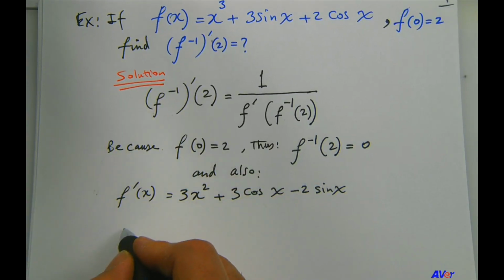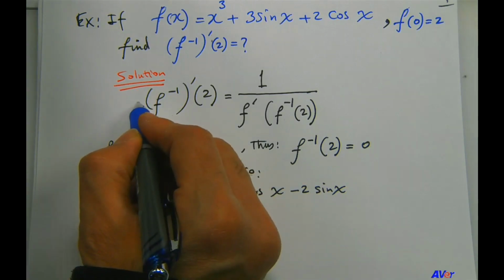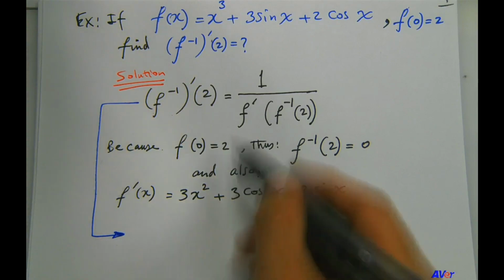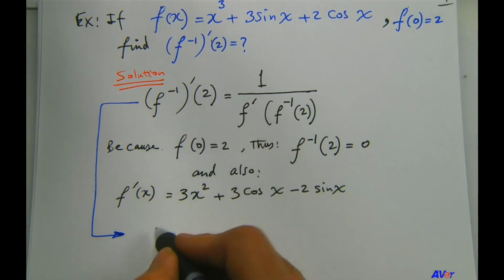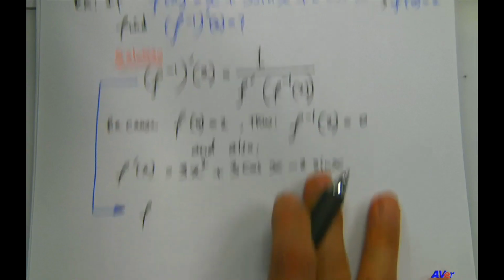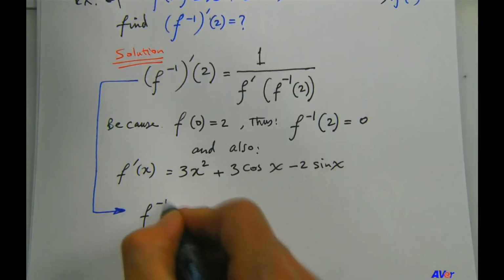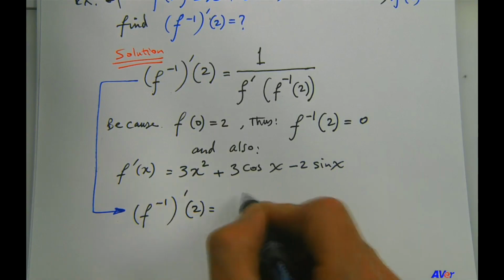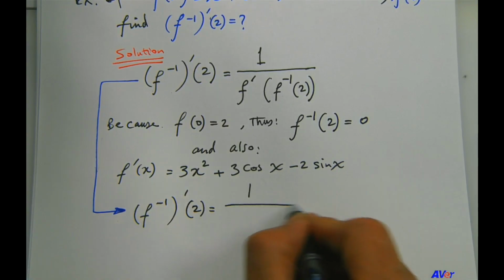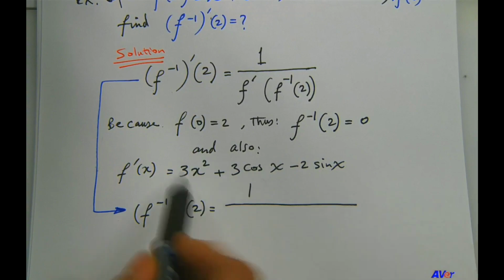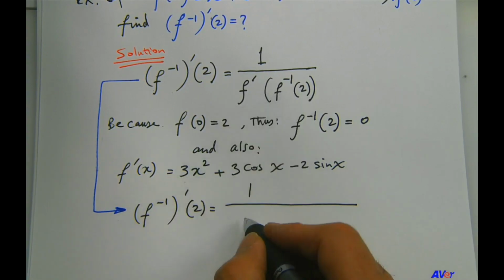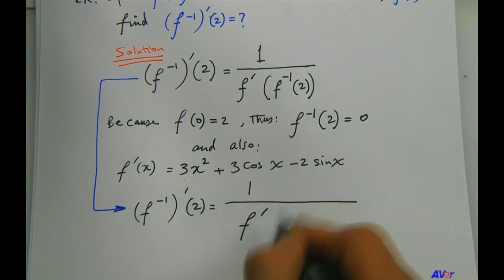Given all of this, the derivative of the inverse function at 2 would be equal to 1 over this derivative evaluated at 0, because this is what we're doing.